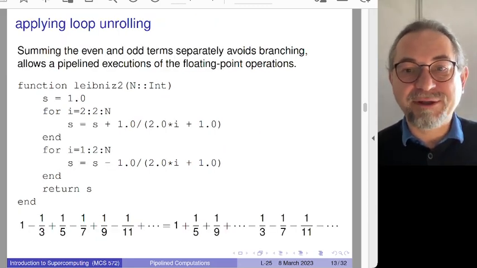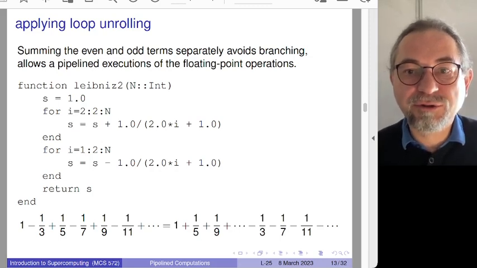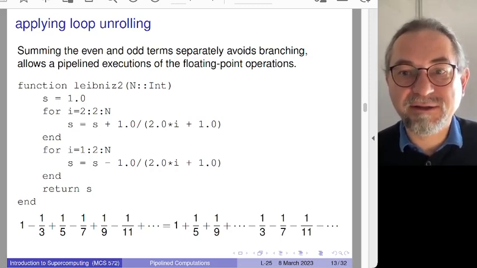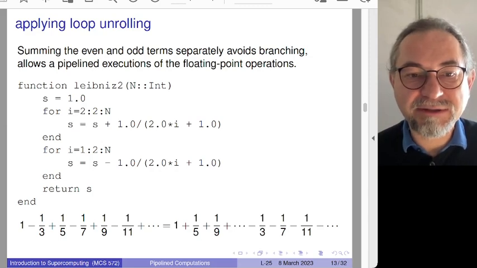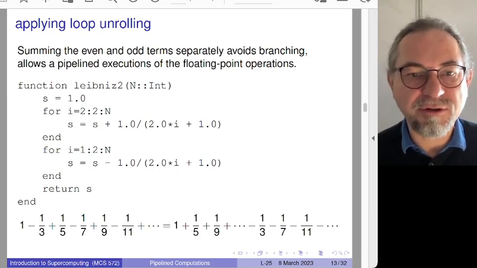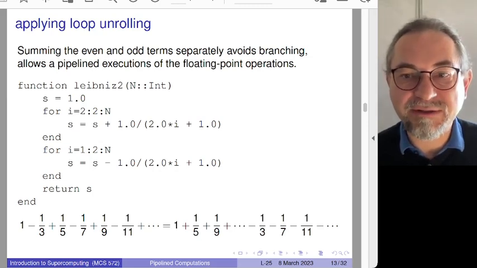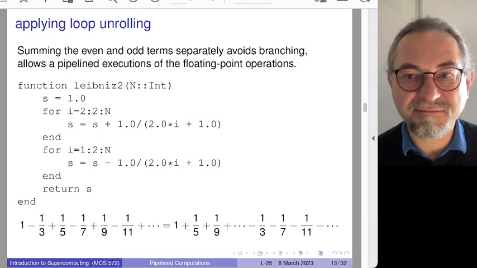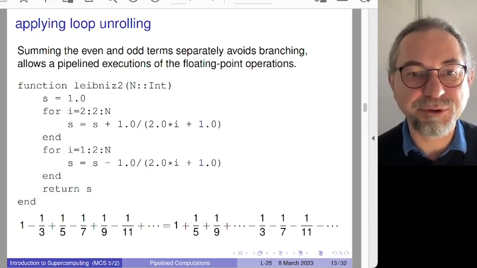We can rearrange the code to actually avoid this if test by summing first all the even indexed terms in the sum, and then subtracting all the odd terms. So in Julia, this is a very straightforward computation.